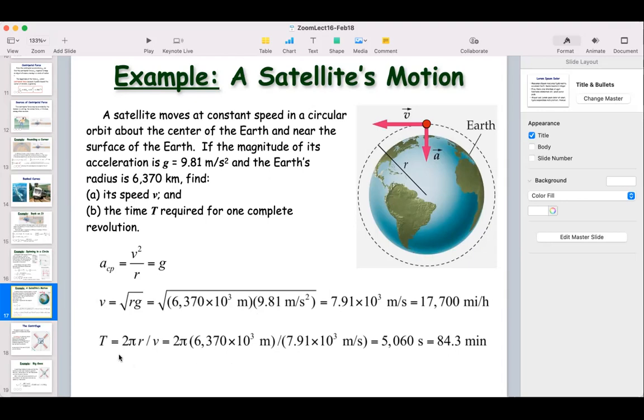And then the period is going to be 2 pi r divided by v, the velocity. So you see 2 pi, we know the radius, we divide by the velocity, it gives 5,000 seconds, which is also equal to 84.3 minutes. This is the time required for one complete revolution.